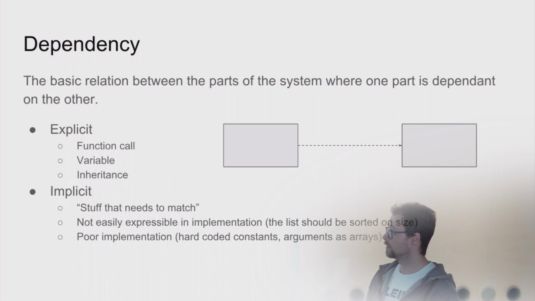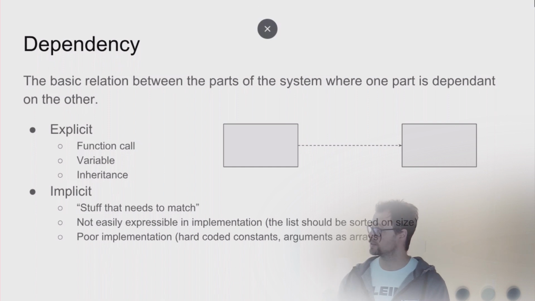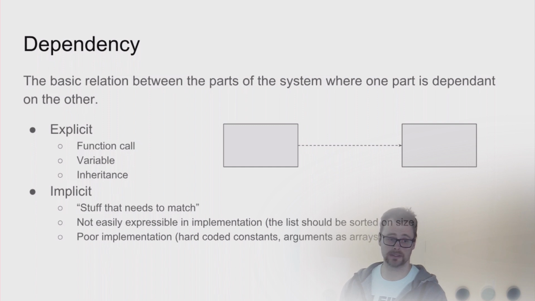One big source of implicit dependencies is also poor implementation. This is something that I come across in student code, of course, because most students are beginner programmers, and it's easy to take little shortcuts that you think are worth it, or maybe are worth it during a tight deadline.